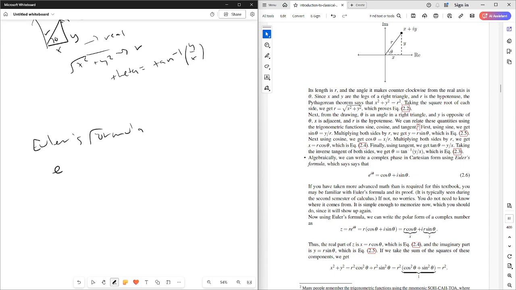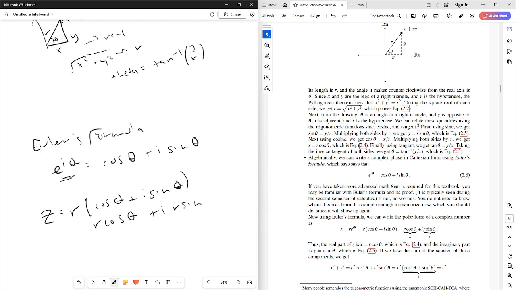Lower this formula, we can take this and bring it over to the complex phase that we wrote and insert it, which gives us r cosine theta plus i r sine of theta.